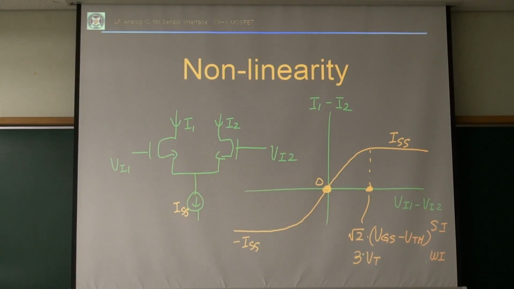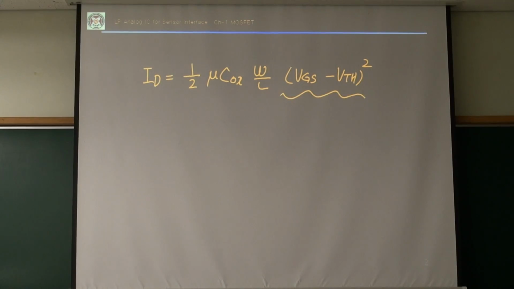Because the MOSFET itself is nonlinear. The MOSFET equation is nonlinear with respect to gate-source voltage, right? Because of the quadratic equation. Yeah, it's nonlinear. This is strong inversion.